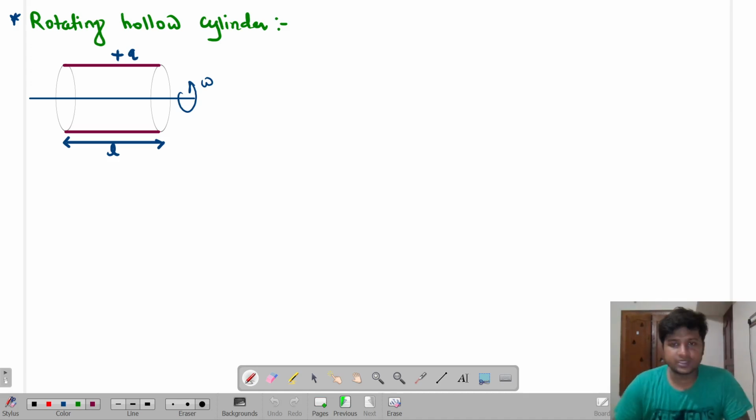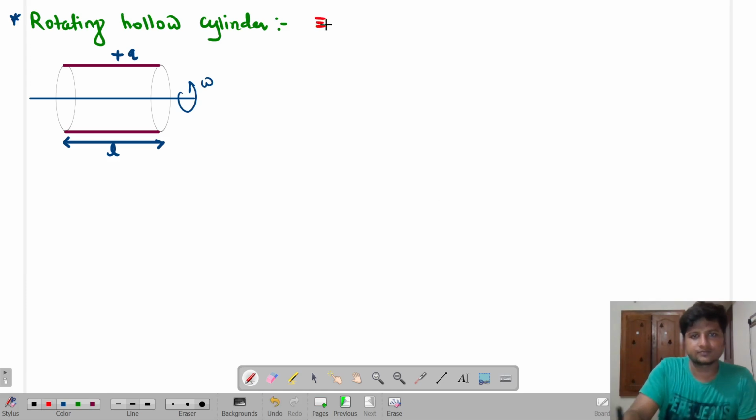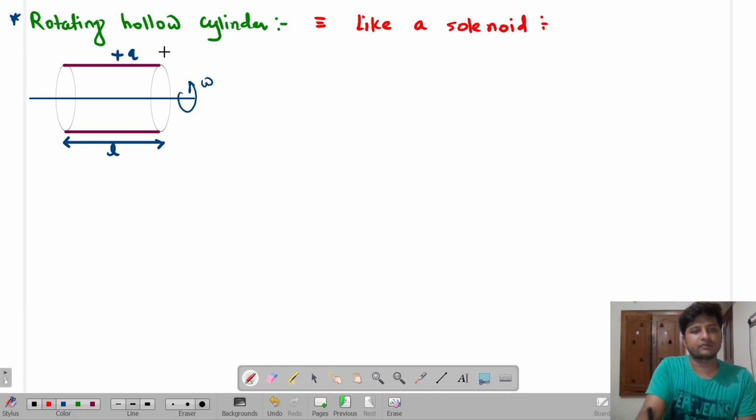Yes, but where is it? Is it outside or inside? Is it at the center? Along the curved surface? Right now, I told you a hollow cylinder is like a solenoid. So for the solenoid, I discussed that outside there is no magnetic field. Inside, the magnetic field is what?